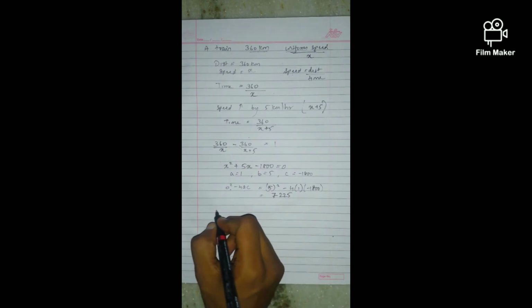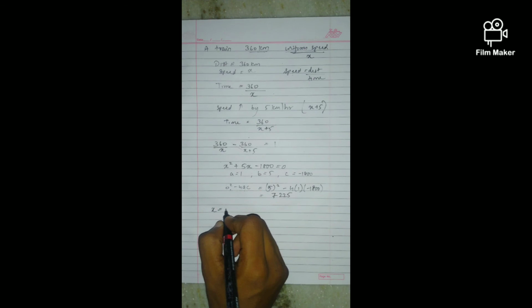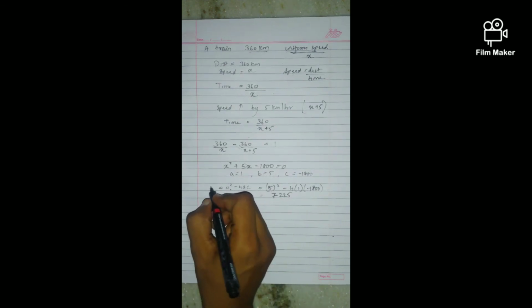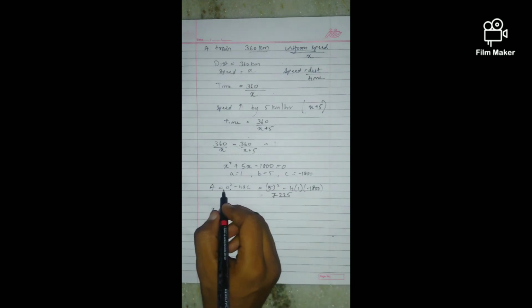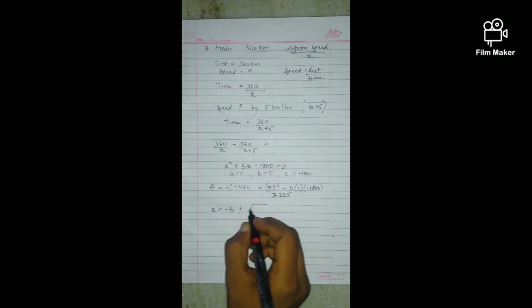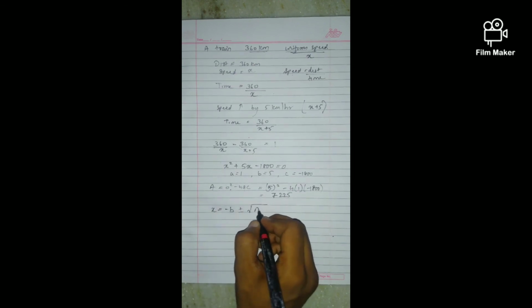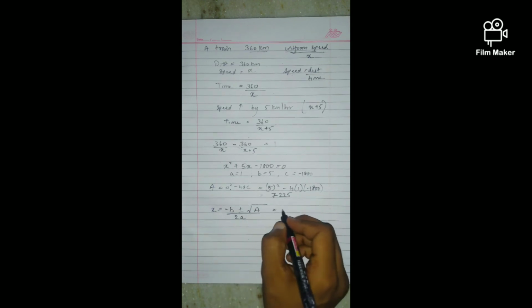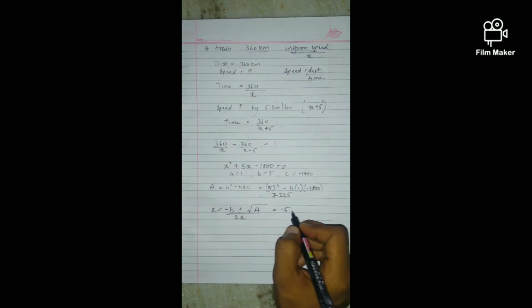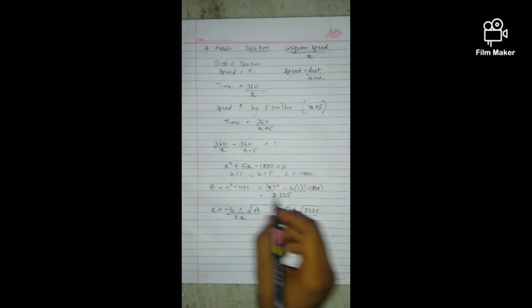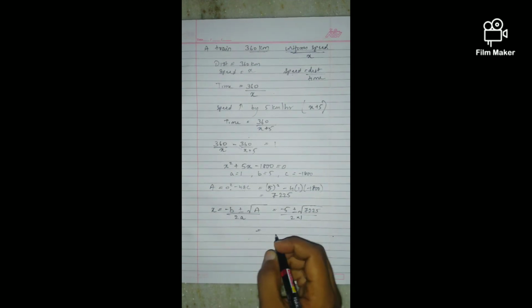Now x equals minus b plus minus under root of b square minus 4ac, upon 2a. That is minus 5 plus minus under root of 7225 upon 2 into 1.